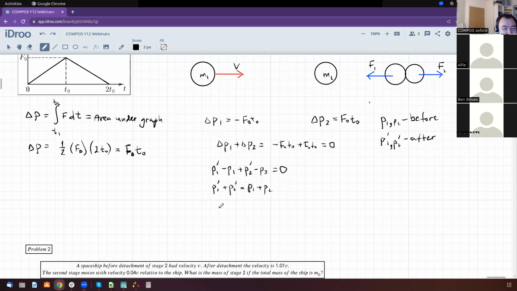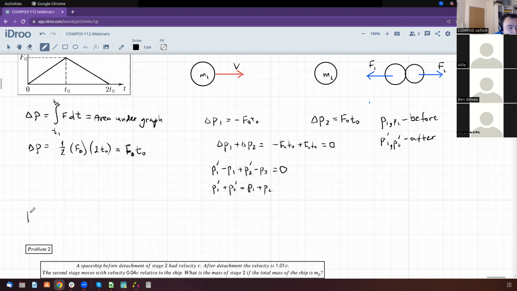So momentum before is m1v plus 0 equals momentum after. Oh, sorry, we don't need that. Okay.